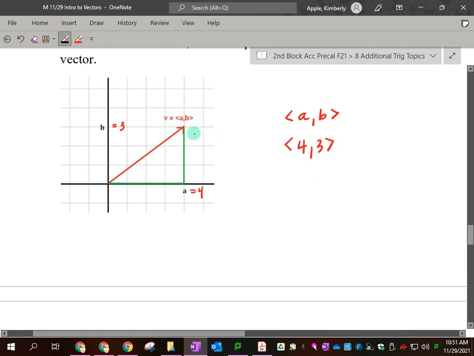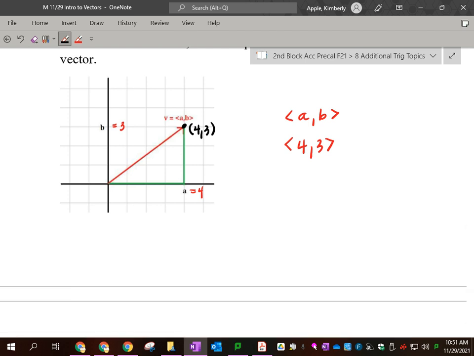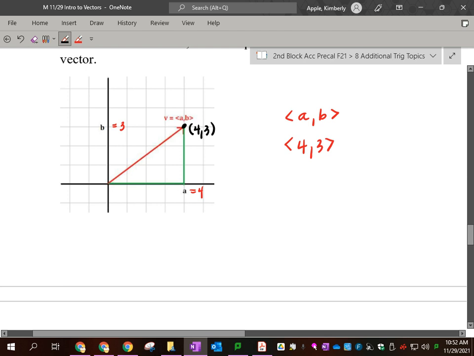And its terminal point is the point (4, 3). So the component form is just the terminal point with the initial point being at (0, 0). That's it. And when we write terminal points, all coordinates and points are done with these nice parentheses.